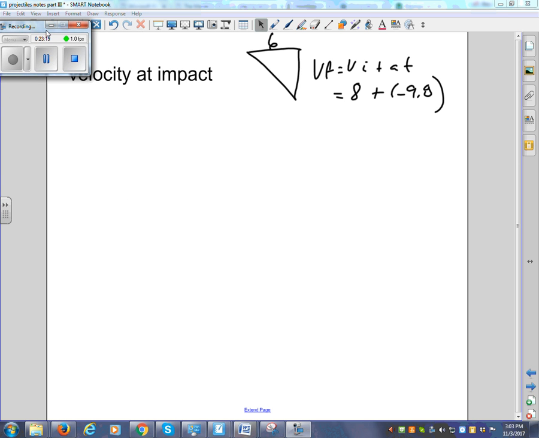The horizontal velocity is 6, and we have to find the vertical component at impact. So 8 is the initial, plus minus 9.8 times that time again, 9.89. So my vertical component, how fast is it going up and down? 8 minus 9.8 times 9.89, and that's negative, plus 8.